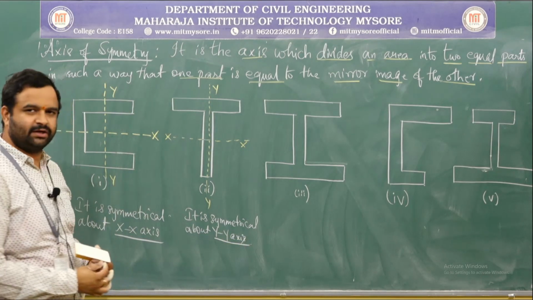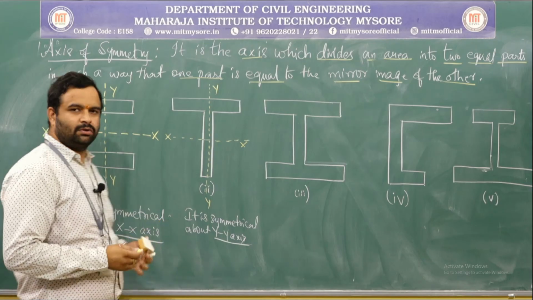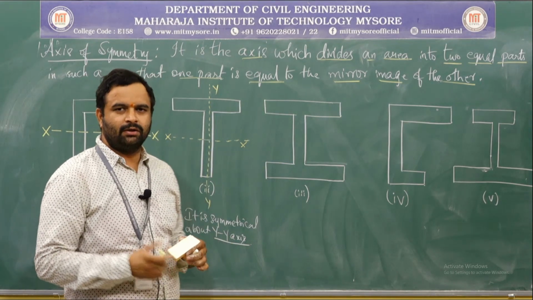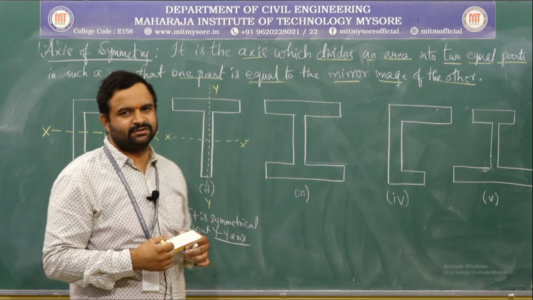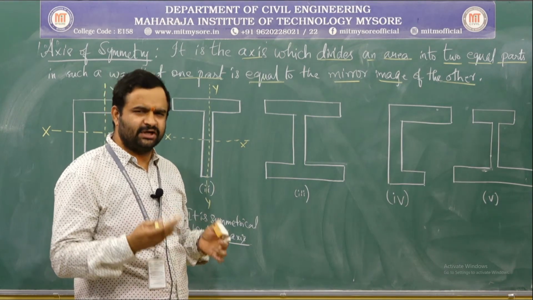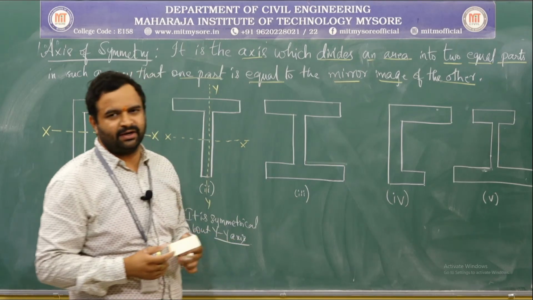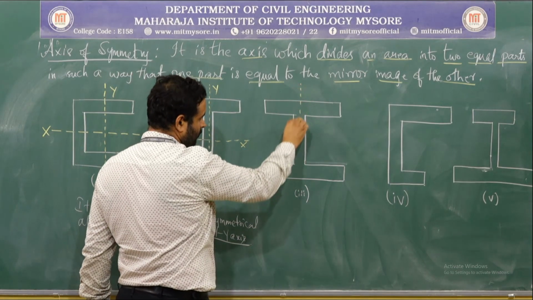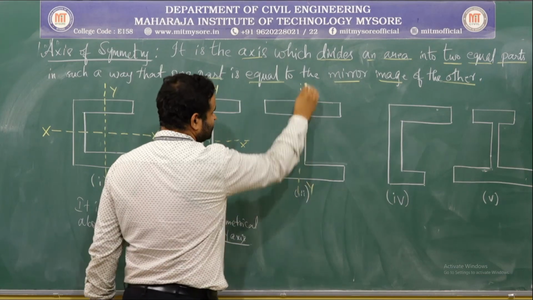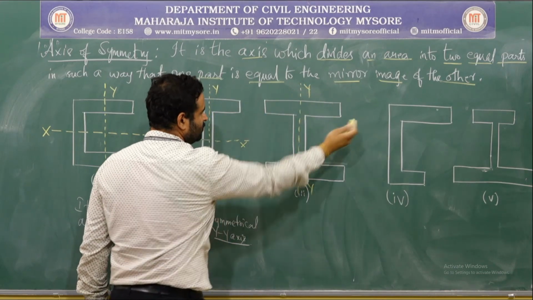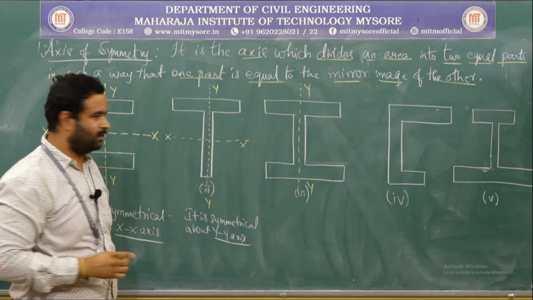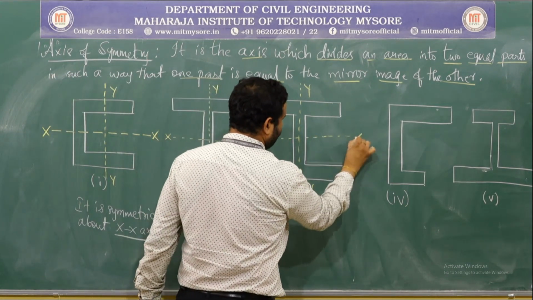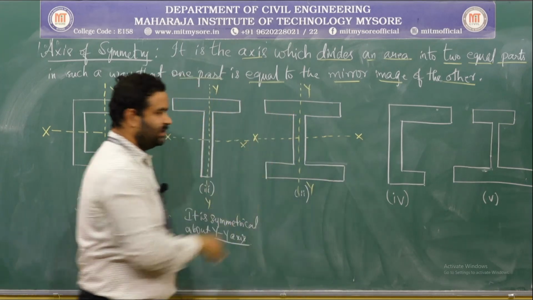Now, let us take the third example. Now, try to cut this figure so that we get the axis of symmetry. We should check whether we get axis of symmetry or not. So, if I cut it along y axis, this one part is equal to the mirror image of the other, and if I cut it along x axis, observe here.